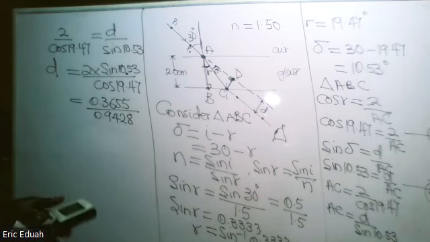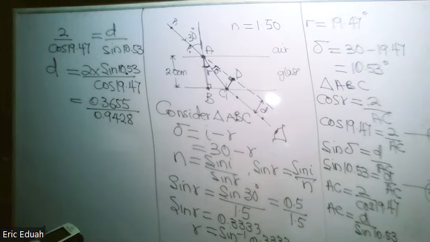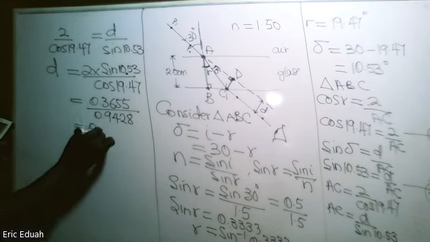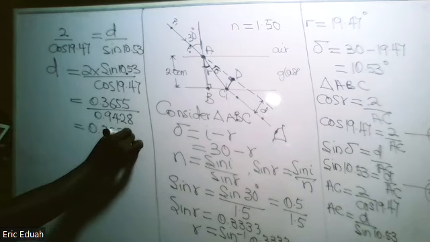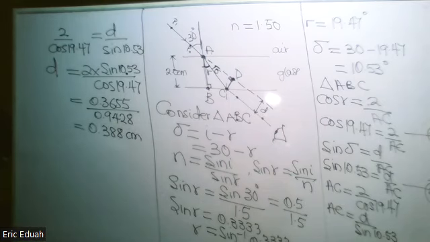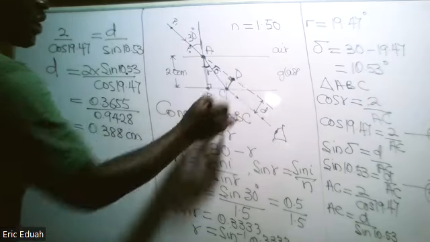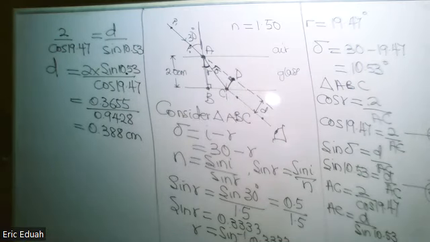So when you divide the numerator by the denominator, 0.3655 divided by that, D is equal to 0.388 centimeter. So that's the value of the lateral displacement D.